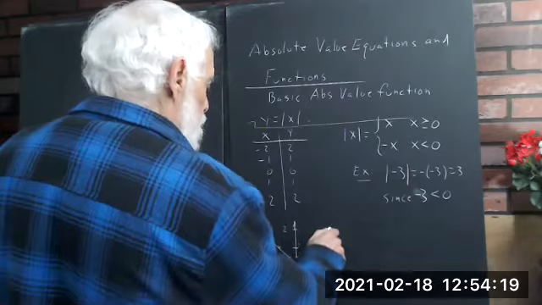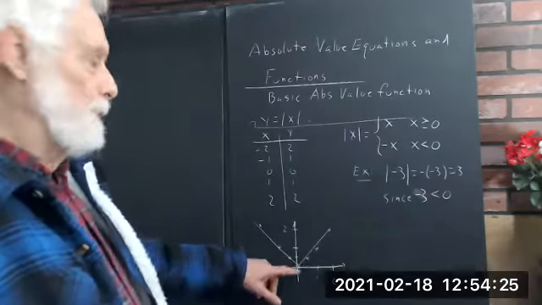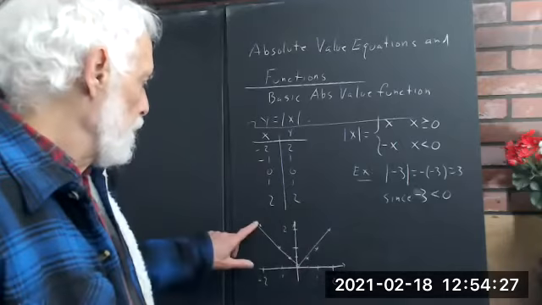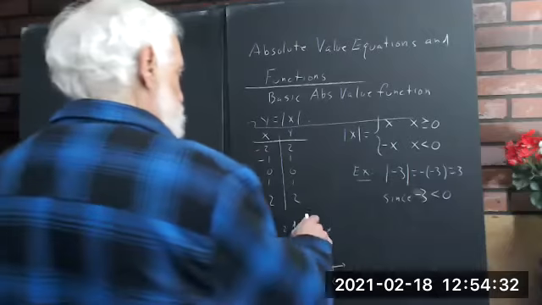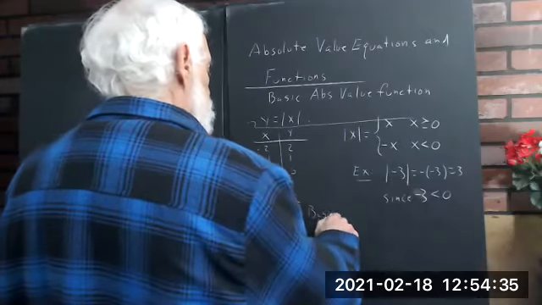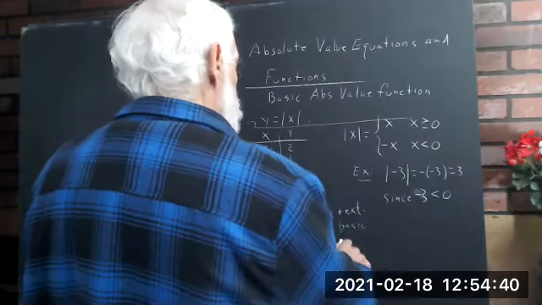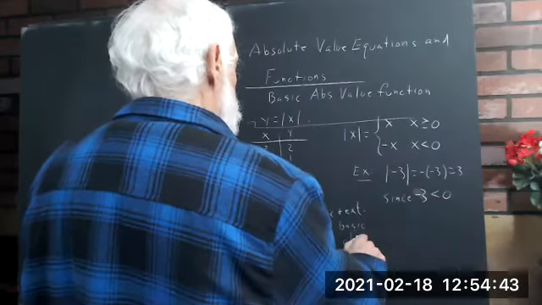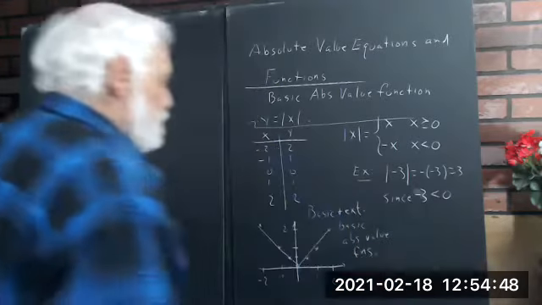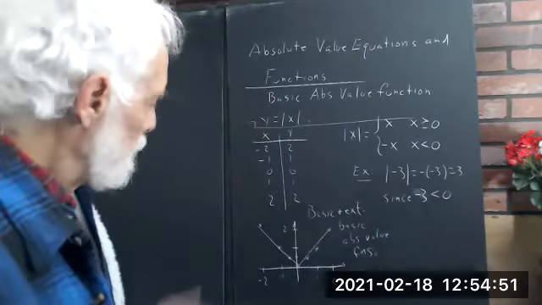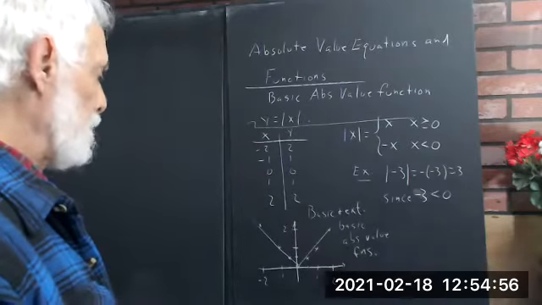And they just lie along 2 straight lines, meeting at the origin. And we'll call that a vertex. So there's the graph of the basic and extended basic function. Okay, well, no big surprise. That's pretty much what we would expect.